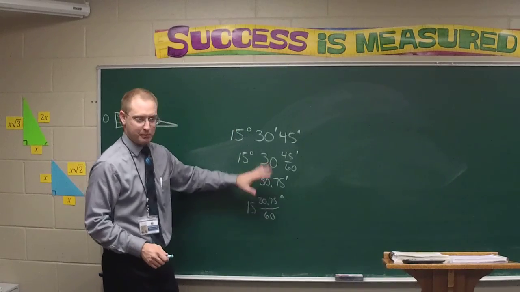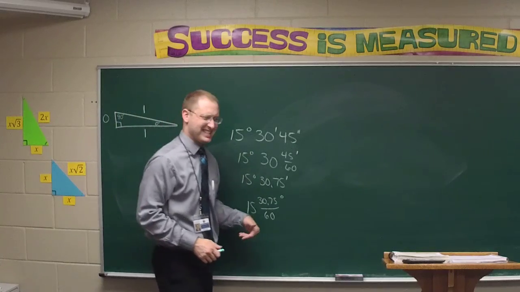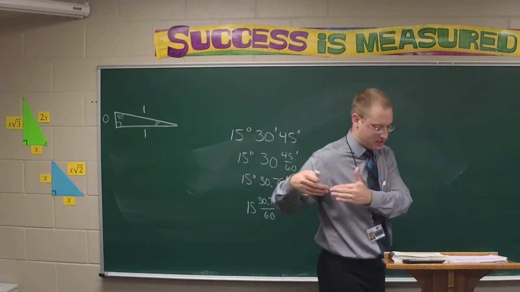Then we turn this into a decimal. You remember all that? Dividing by 60 to convert seconds to minutes and then minutes to degrees.